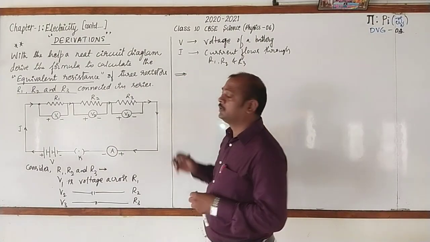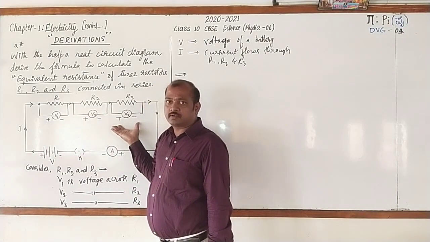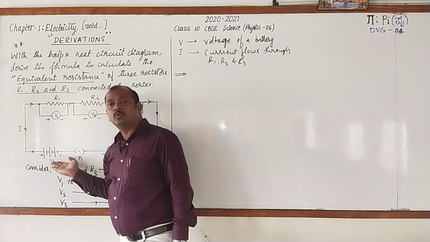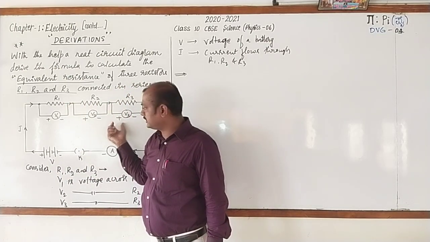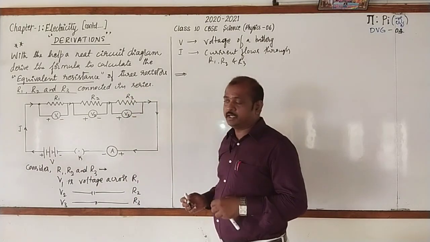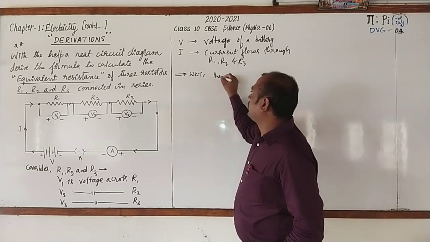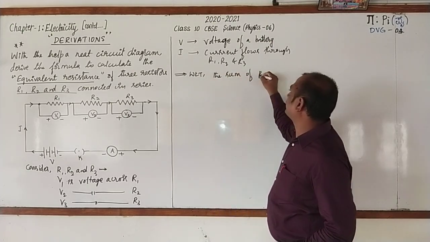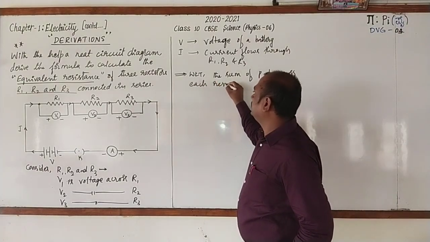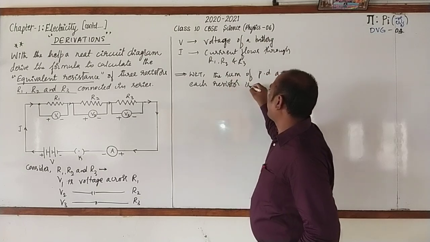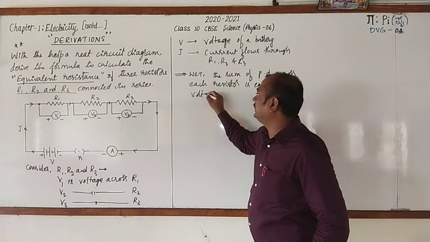Right? Now, we all know that the sum of the potential differences across each resistor is equal to the voltage of the battery. I'll write that sentence. We know that the sum of potential difference across each resistor is equal to the voltage of the battery.